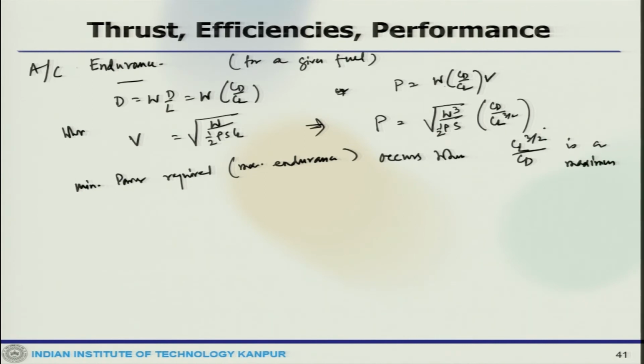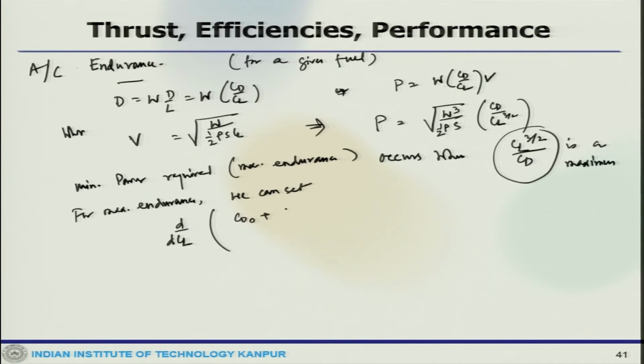That means this inverse quantity is maximum. With a little bit of algebra we can arrive at an expression for the maximum endurance. For maximum endurance we can set d by dC_L of (C_D0 plus C_L square by pi E AR) by C_L to the power 3 by 2, which is 0.